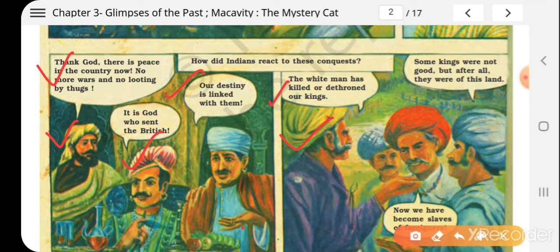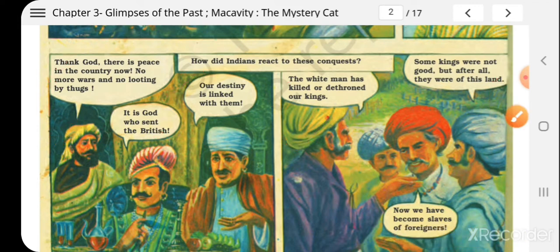They are saying that these white people, they are killing and dethroning our kings, कि वो हमारे लोगों को मार रहे हैं. Then second one is saying that some kings were not good, but after all they were of this land. They know that the kings were not good, but the main thing is that they were from India, they were of this land, ठीक है.